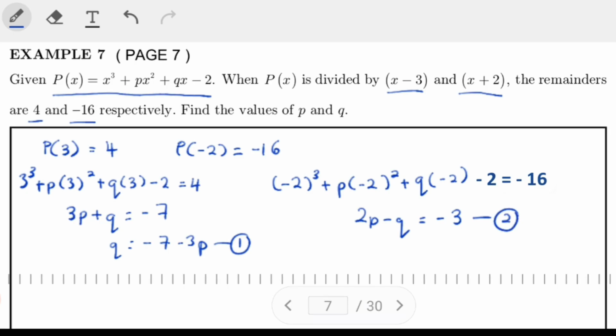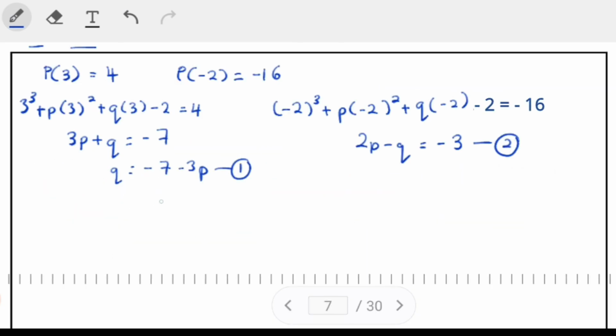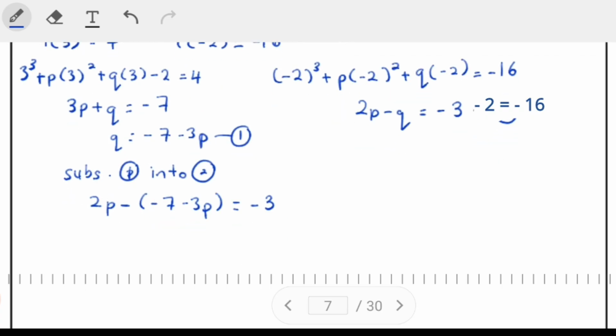So now we have two equations, and we are going to solve them simultaneously. Substitute equation 1 into equation 2. So 2p minus q, where q is negative 7 minus 3p, equals negative 3.